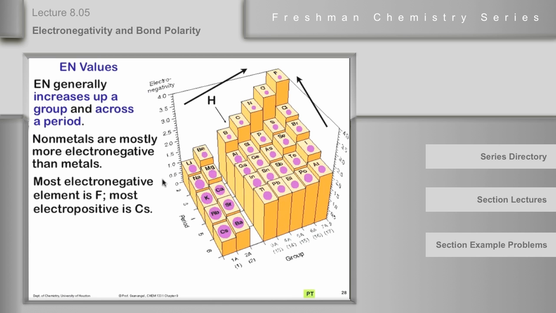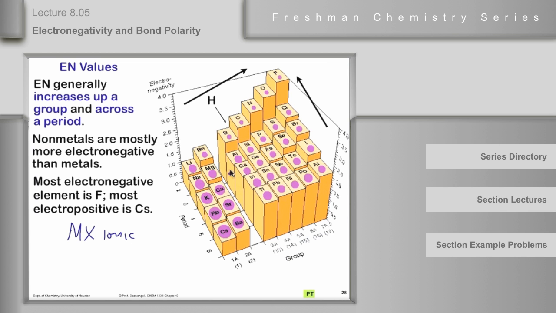Now, the most electronegative element in the Pauling scale is fluorine, and the least electronegative element is cesium, among the stable elements at least. And so that would be a pretty good indication of why MX compounds are ionic.